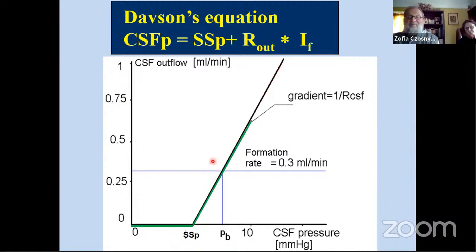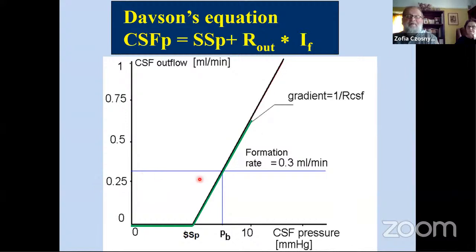And this is inversely proportional to resistance to CSF outflow. This is the gradient of this line. Below sagittal sinus pressure, outflow does not exist. The higher the distance between CSF pressure and sagittal sinus pressure, the higher the cerebrospinal fluid outflow.